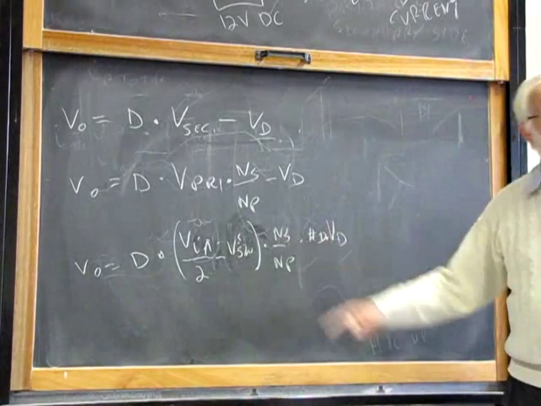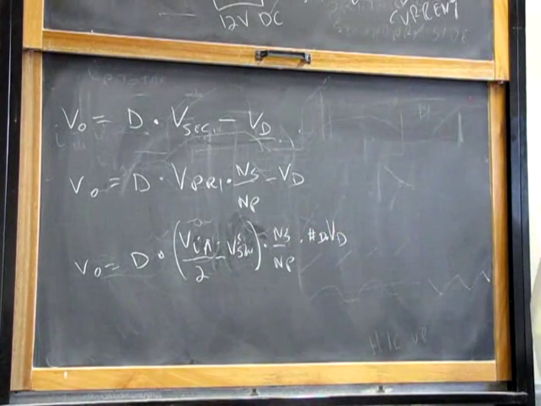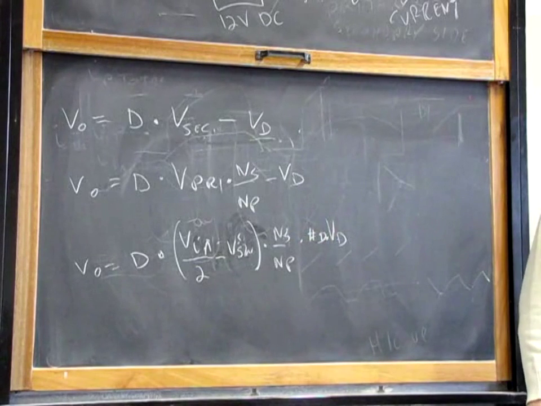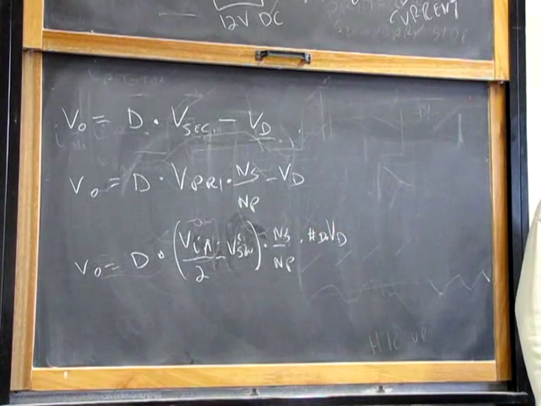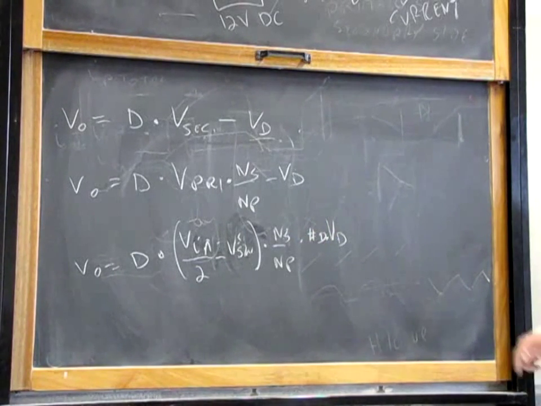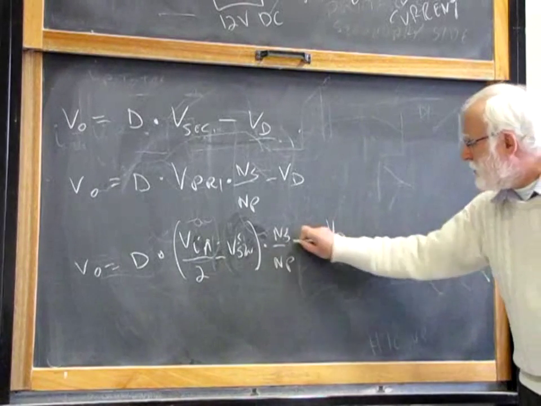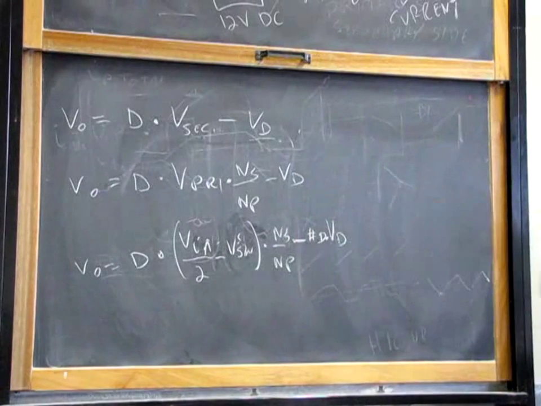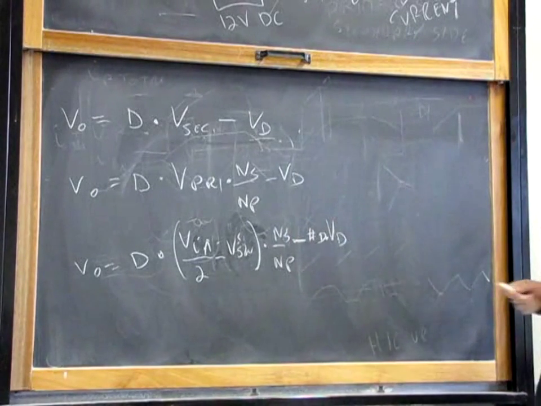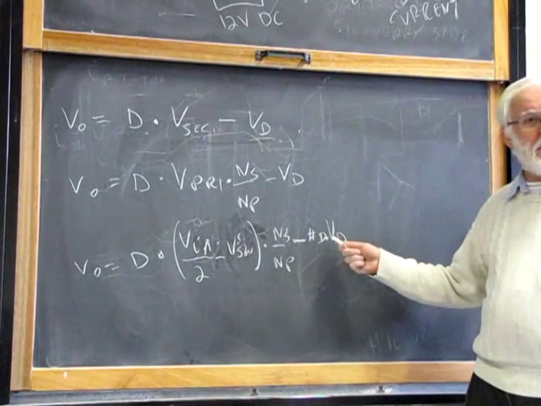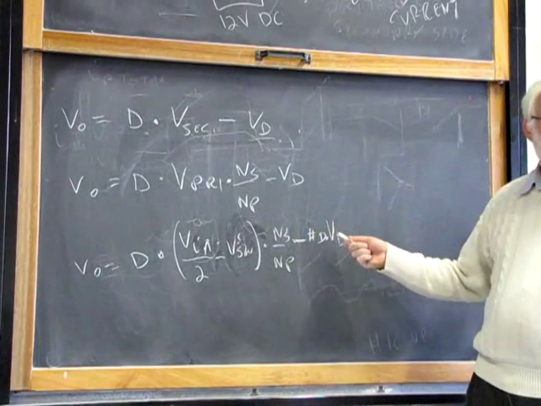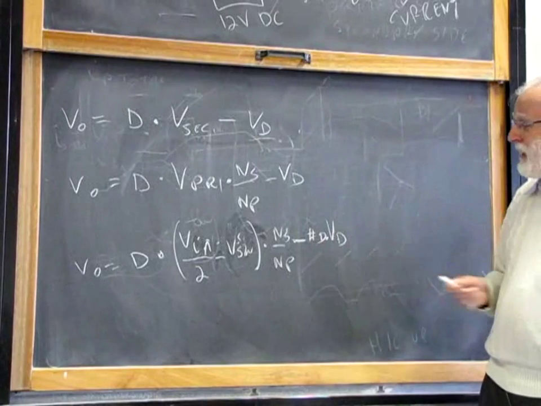Didn't we already see an equation like this? It's very similar to the equation for the full bridge. In a full bridge, the structure was still the same. What did we have different over there? Well, still minus Vd or minus 2Vd was the same, because we have the same kind of rectifiers.